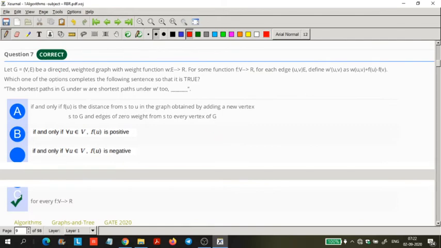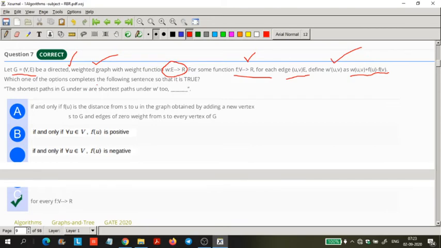Here let the graph with vertices V and edges E be a directed weighted graph with weight function w. Define the weight w dash of u comma v as w of uv plus f of u minus f of v, for some function f from V to R, for each edge u comma v.